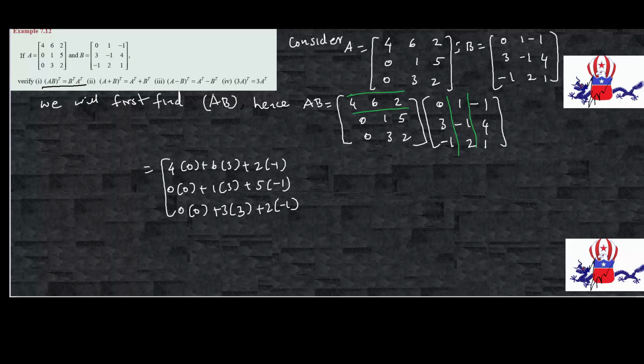Now it would be the first row, second column: 4 times 1, positive 6 times negative 1, positive 2 times 2. And then the second row with the second column: 0 times 1, positive 1 times negative 1, positive 5 times 2, and follow it up with the last set.